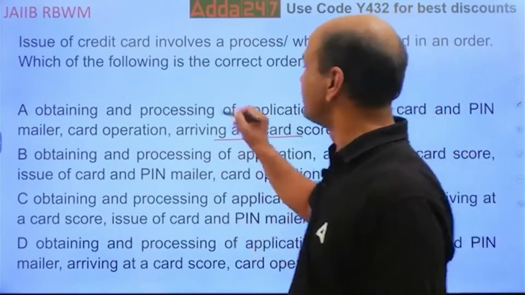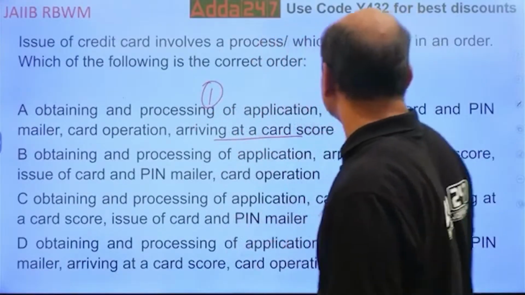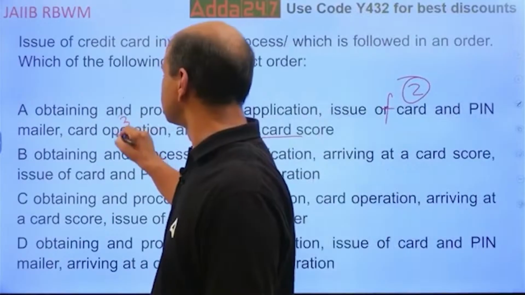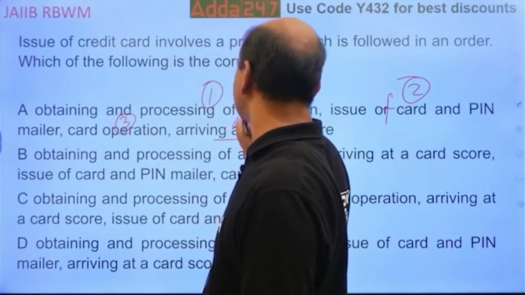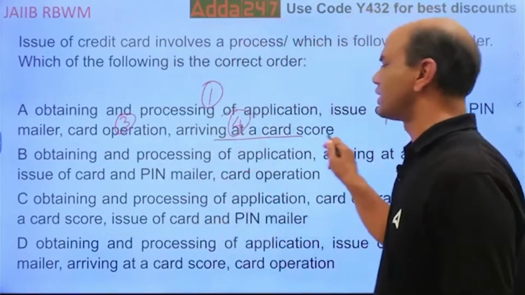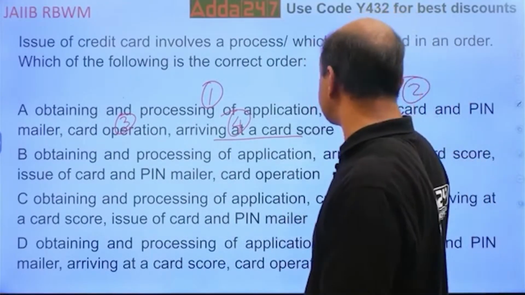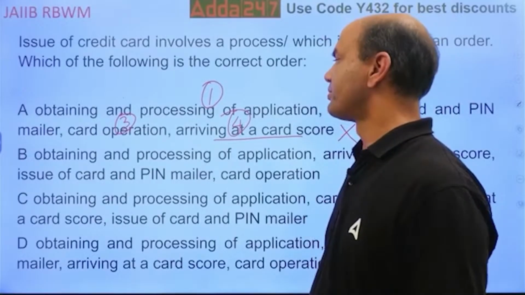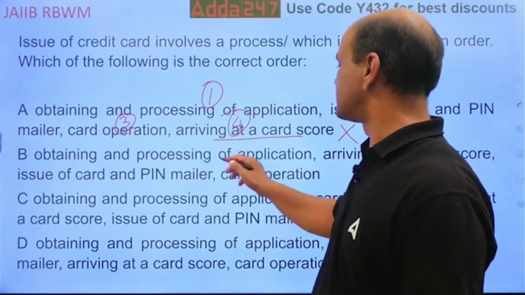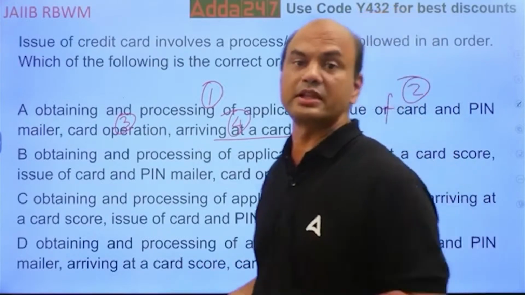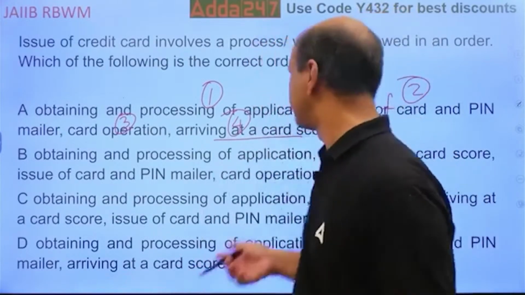So, 1, 2, 3 over here, card operations, and 4. Do I arrive at a credit score at the end? No, before issuance I need to have the credit score. So this is wrong. Obtaining and processing of application: yes, step number 1, because without that application, how will I come to know what that customer is?